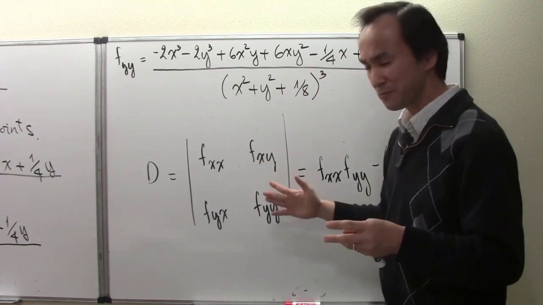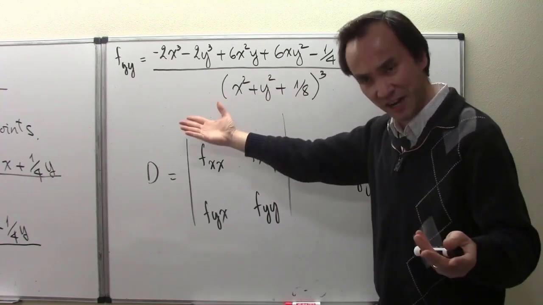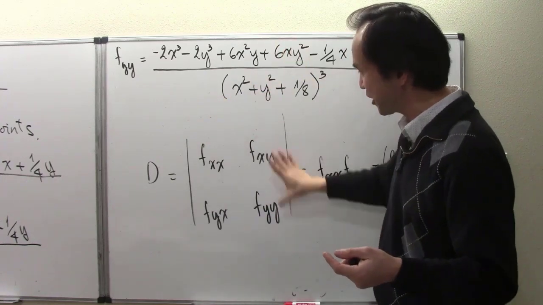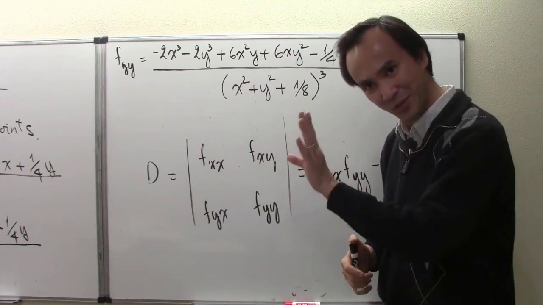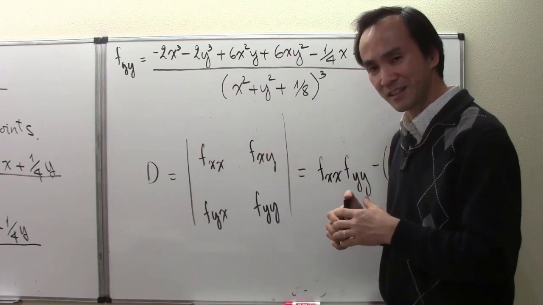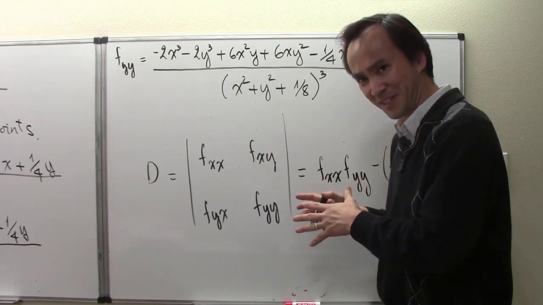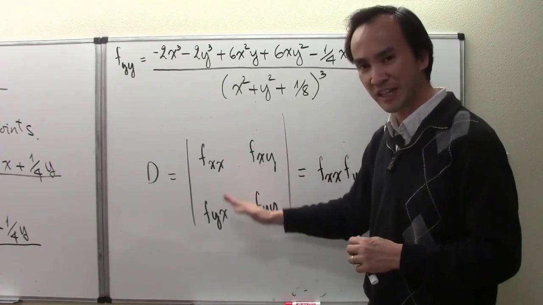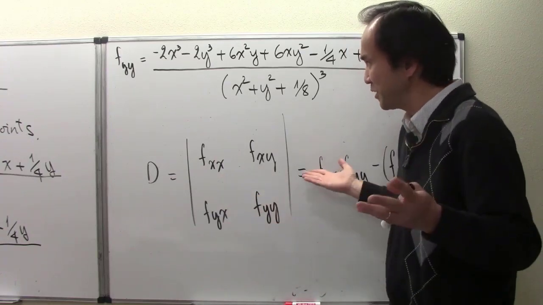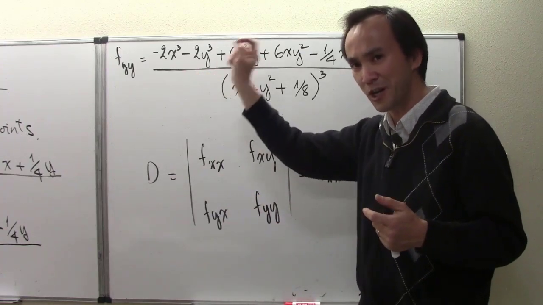If you are patient enough, you can directly substitute these general expressions in there and do your math. I'm not saying that we cannot do it, but we can be a little bit smarter. Eventually we will get the D right here, but we can substitute the critical points we found.